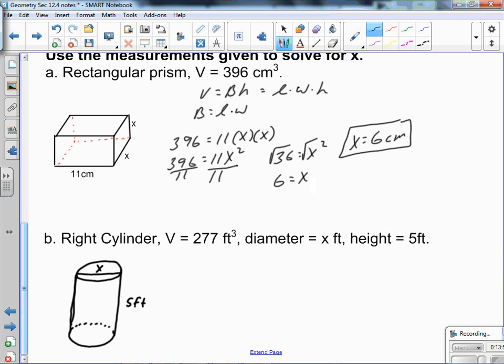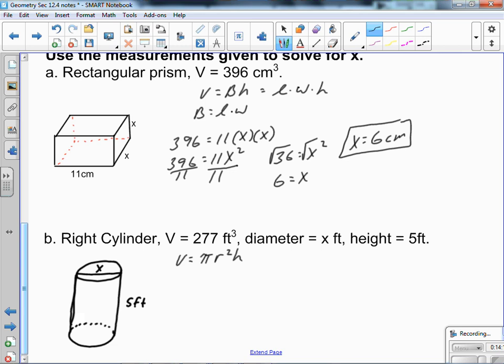Alright, so then the last one here, we have a right cylinder, volume of 277 feet cubed, the diameter of x feet, and the height of 5 feet. So cylinder, volume equals pi r squared h.